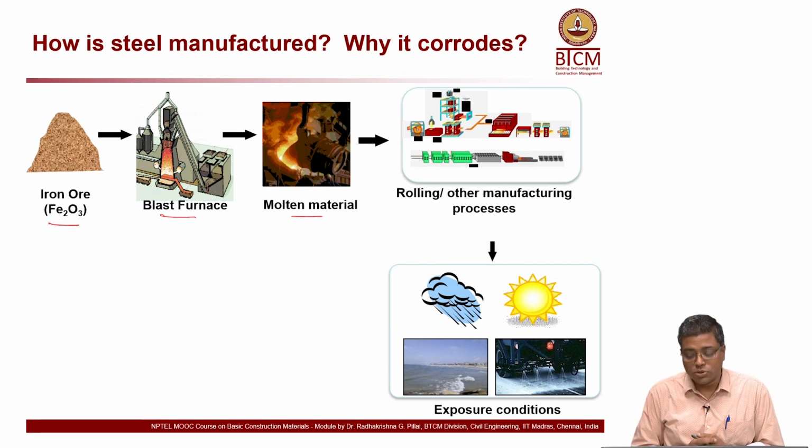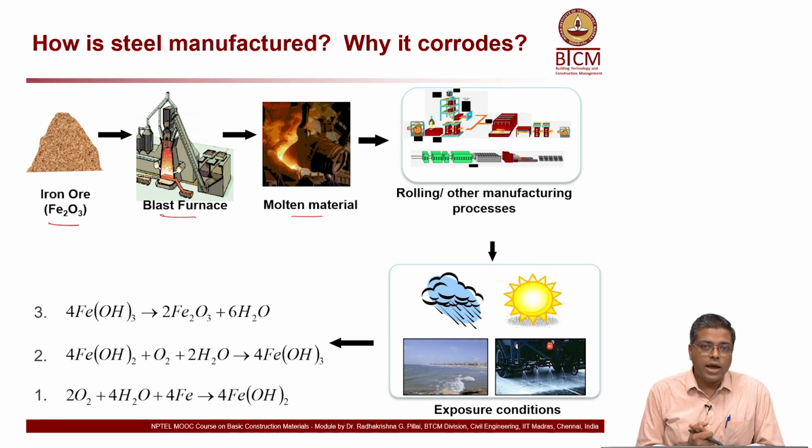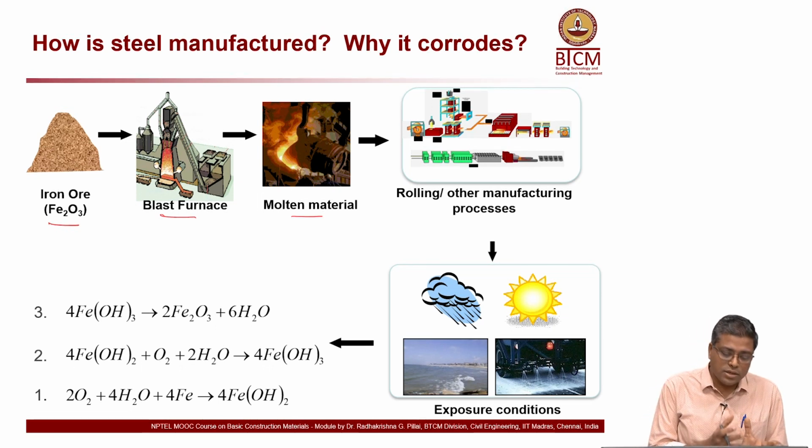Okay, it gets exposed to moisture and chlorides, carbon dioxide, oxygen, etc., which leads to some chemical reactions. And essentially what is happening is the steel has a higher energy level than the iron ore, right.